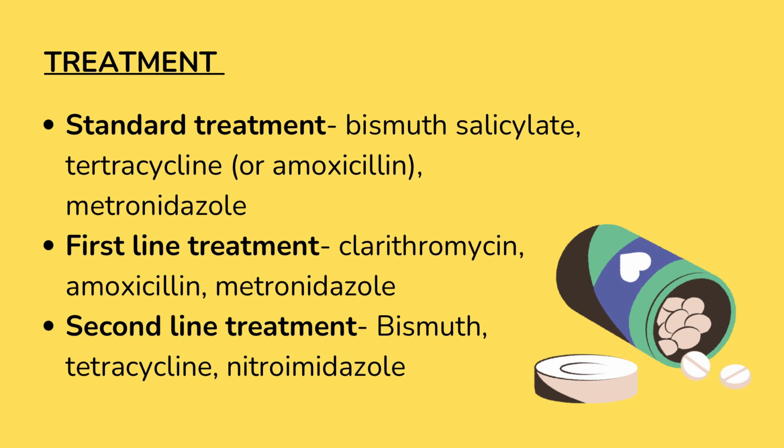The success rate for this method is 75 to 80%. If the first-line treatment fails, second-line treatment is carried out, which involves using bismuth salicylate, tetracycline or nitroimidazole. The success rate of second-line treatment is 85 to 90%.